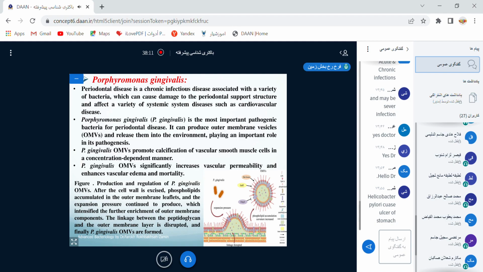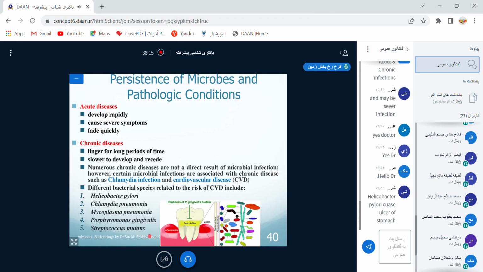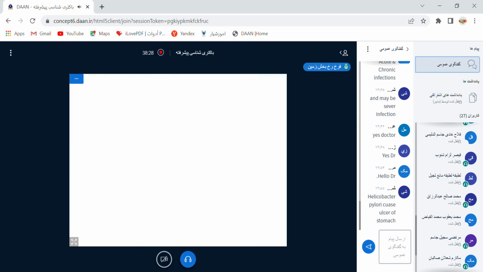So only one of these items we mentioned, we are talking a few sentences and showing you regarding Porphyromonas gingivalis.